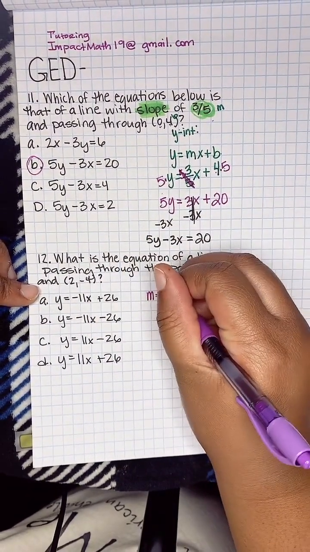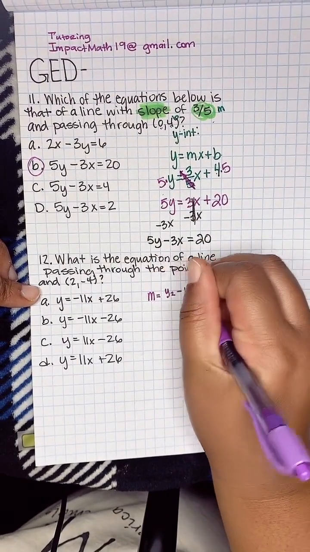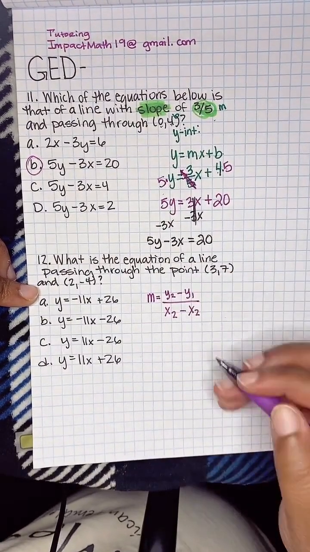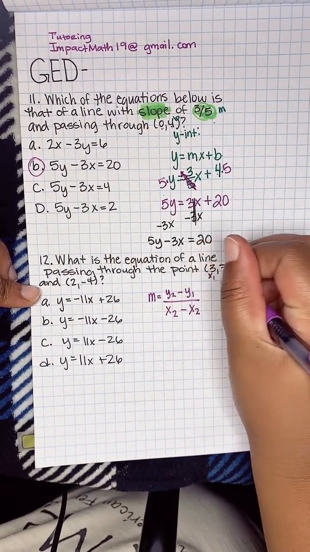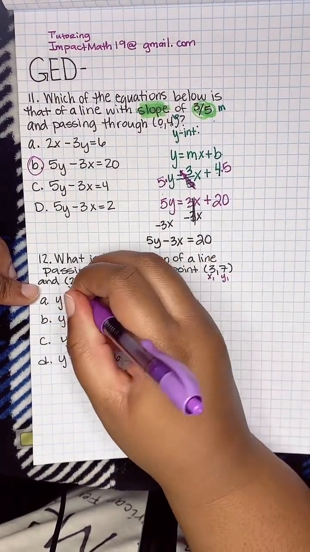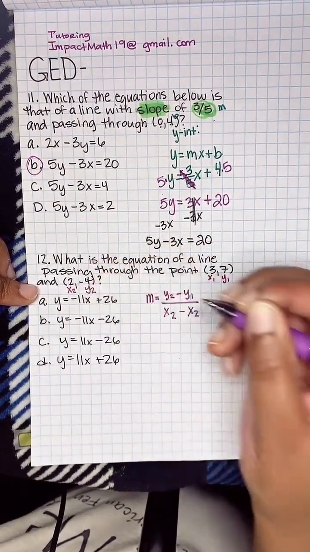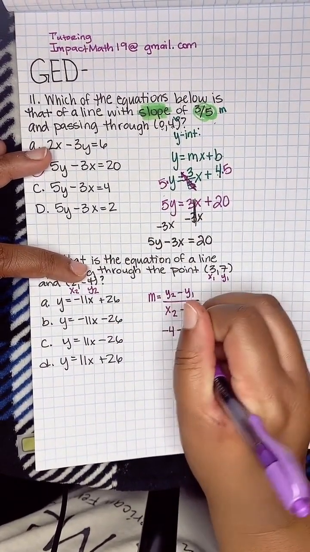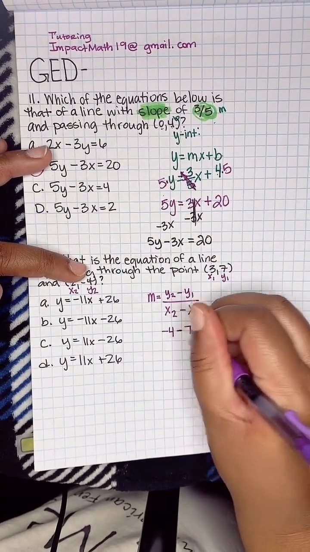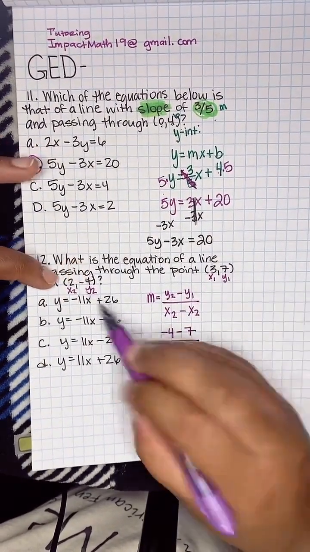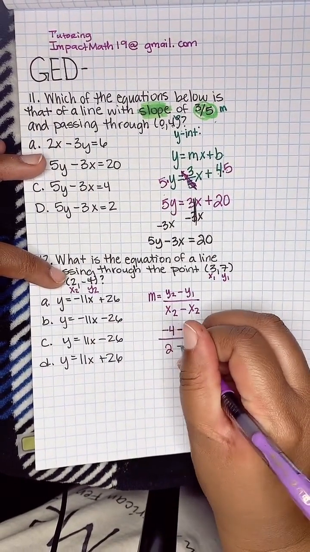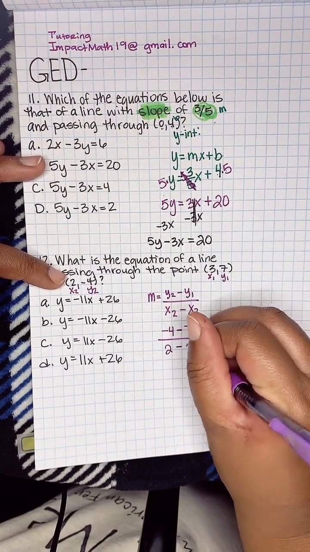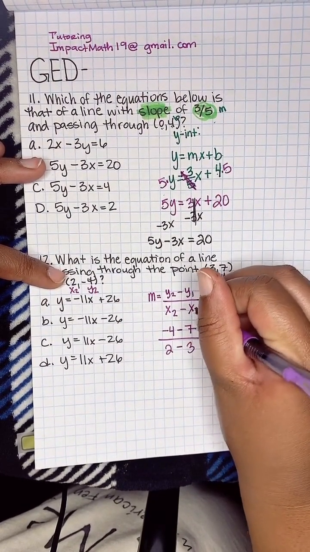We do that by doing the change in the y, y2 minus y1, over the change in the x. So we're going to name these x1, y1, x2, y2. Our y2 is -4 minus our y1, which is 7, over our x2, which is 2, minus our x1, which is 3.